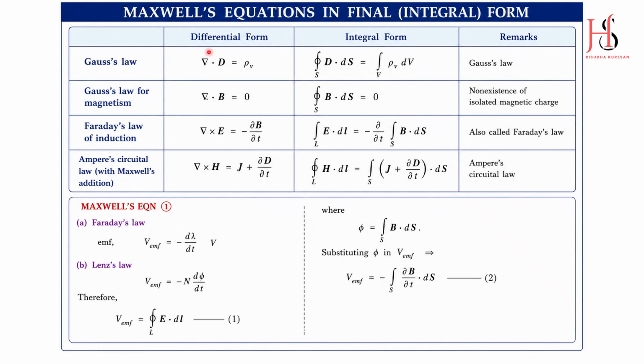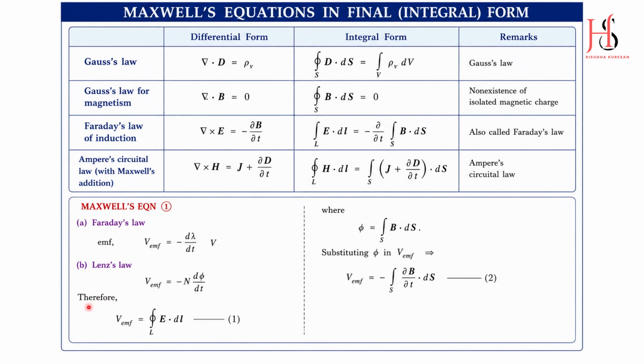Now we'll see how we have derived all four of Maxwell's equations in detail. First we'll consider Maxwell's equation derived from Faraday's law. Faraday's law for the induced EMF is expressed as V is equal to minus d lambda by dt. And Lenz's law, which we have already seen in the previous session, gives the induced EMF V is equal to minus n into d phi by dt, where n is the number of turns and phi is the flux.